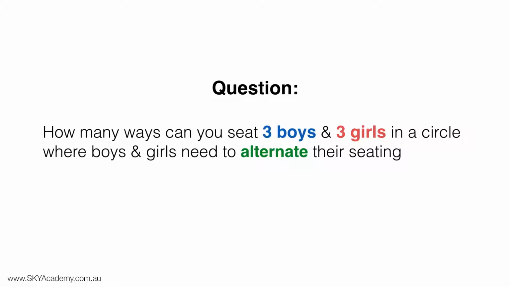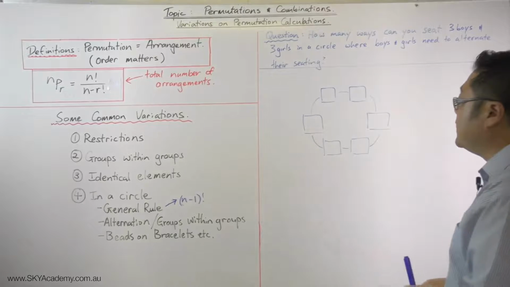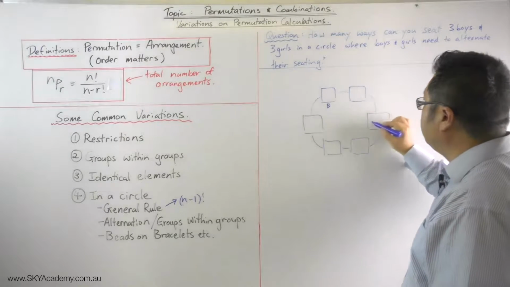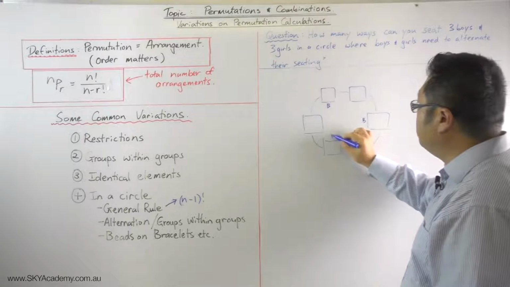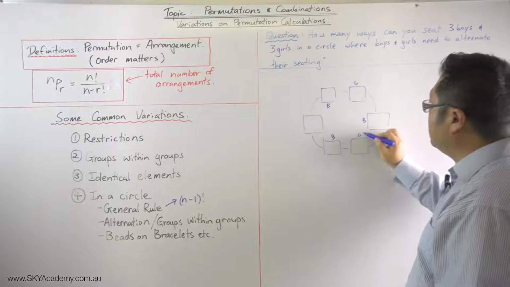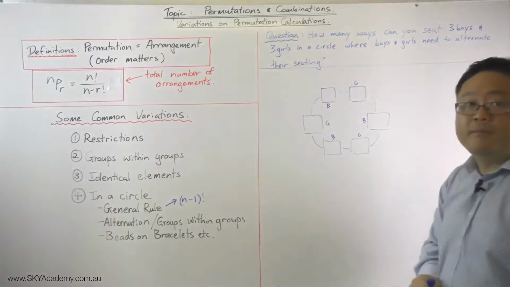Here we've got a question: how many ways can you seat 3 boys and 3 girls in a circle where the boys and girls need to alternate in their seating? So you've got boys and girls that are alternating in their seating. So basically, you've got a position here for boy, boy, boy, and then you've got positions here for girl, girl, girl. Got it?